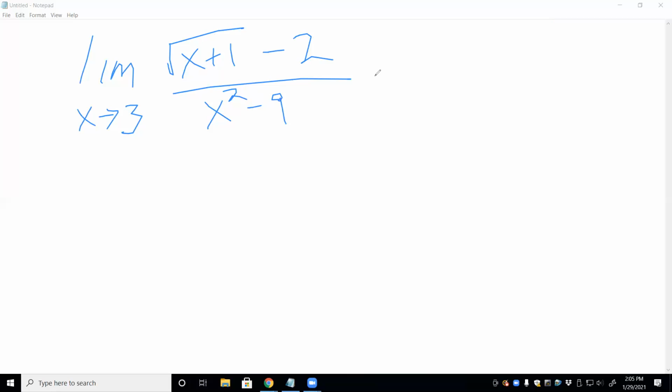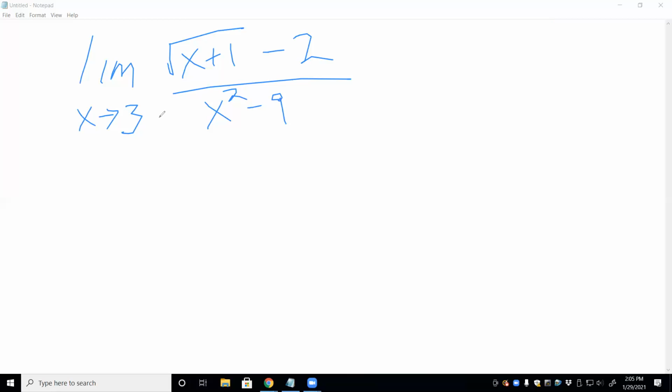If it's not 0 over 0, it is not a hard problem. It's not even a medium problem. It's an easy problem. So the only ones you're going to be dealing with from now forward are the ones that are 0 over 0. So you can kind of skip that first step where you try substituting to see whether it actually produces a number. And it does not. It produces an indeterminate form, which is 0 over 0.